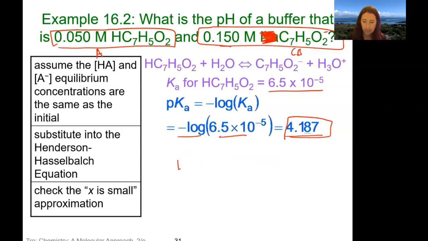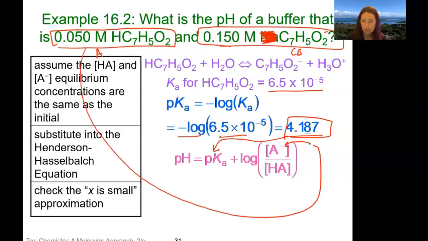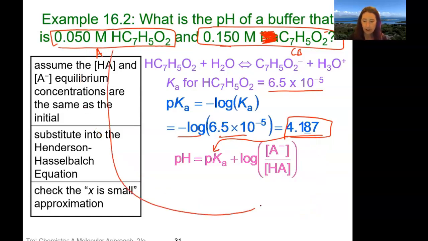And so remember, Henderson-Hasselbalch is just the pKa plus the log of the conjugate base over the acid. And so in this case, here is our pKa. Let me try drawing that again, our acid. And here is our conjugate base.